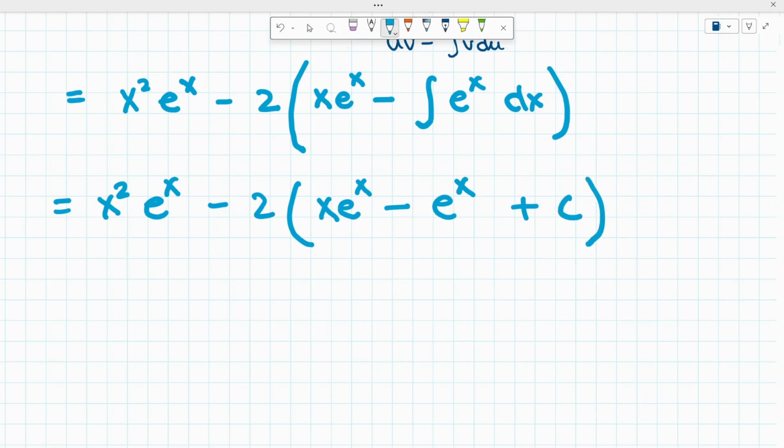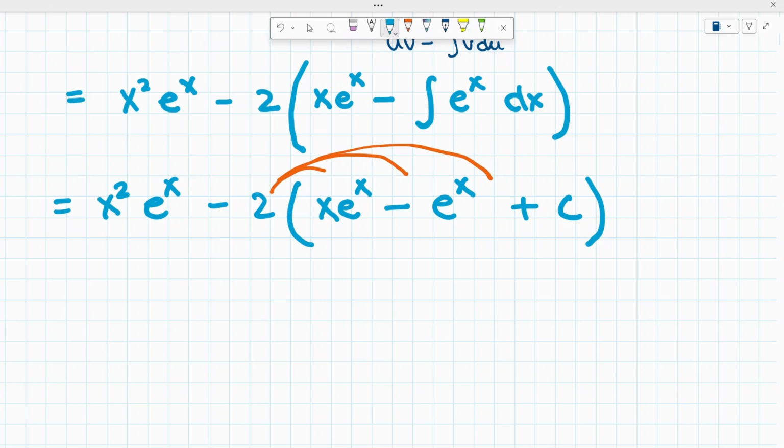Okay, so now that we have all of this good to go, we want to make sure that we are distributing our values. So we have to take this minus 2 and apply it to all of our terms within the bracket right over there.